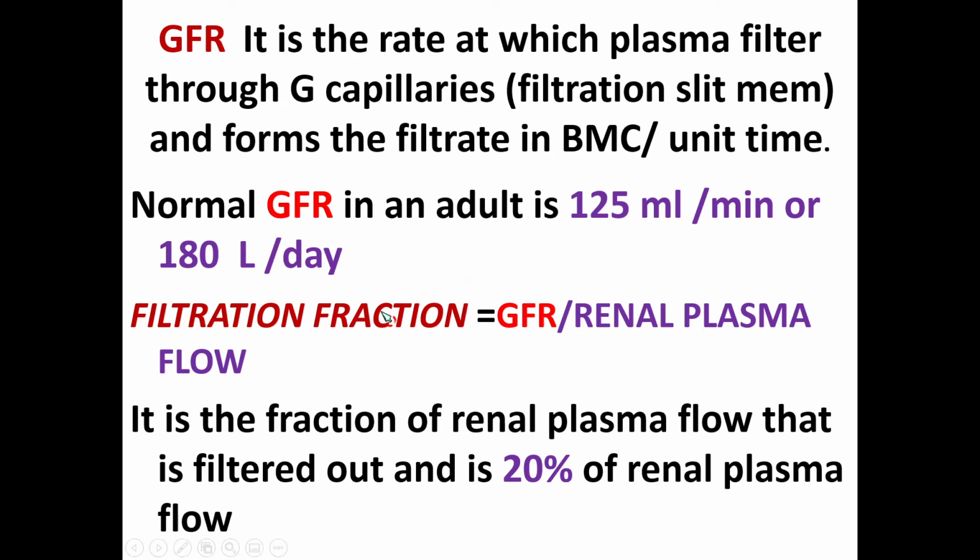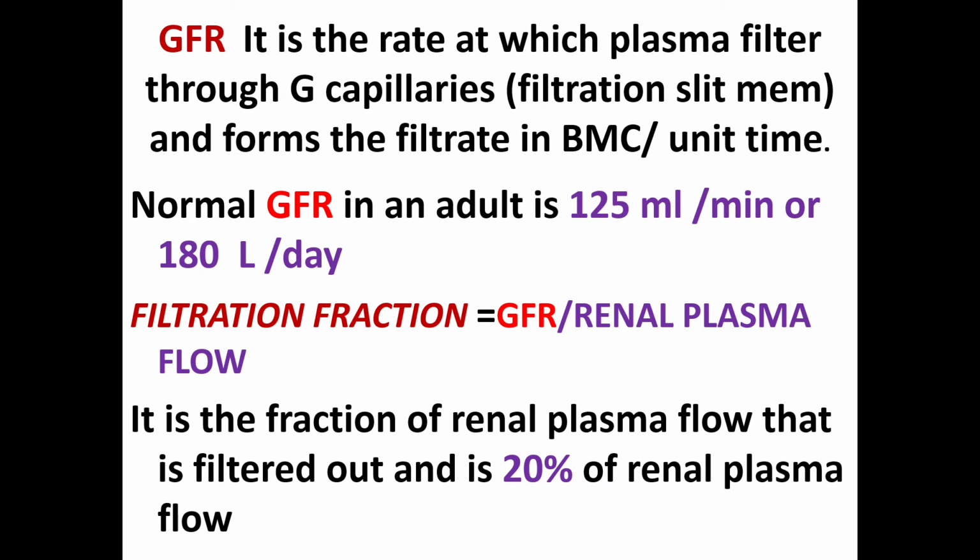Now what is meant by the filtration fraction? Once things move toward the glomeruli, suppose you provide 100 ml of plasma to the glomerulus. All of the 100 ml is not filtered out; only 20% is filtered.